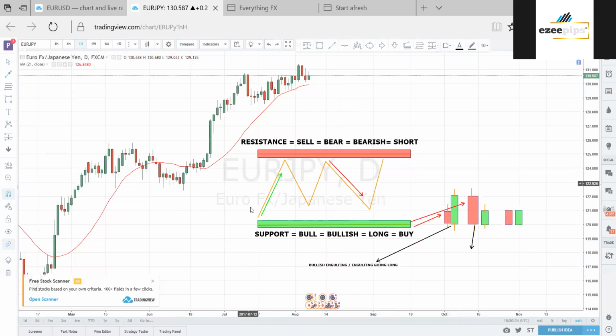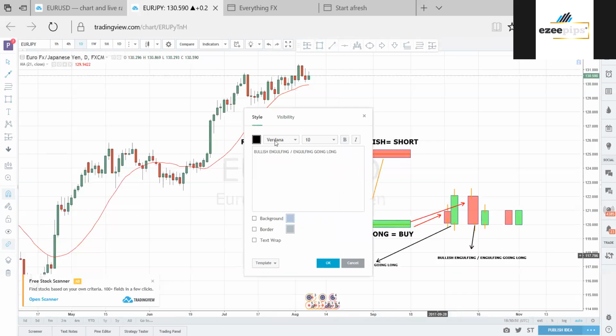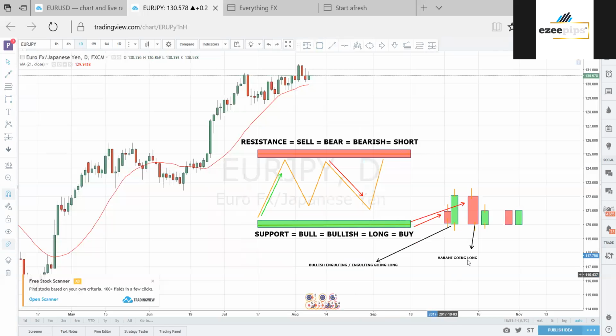This is a harami. That's a harami. Harami going long, or bullish harami, right? That's a harami going long.